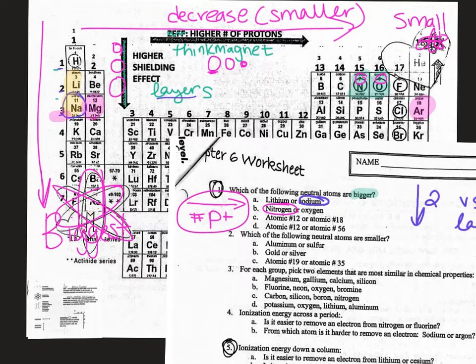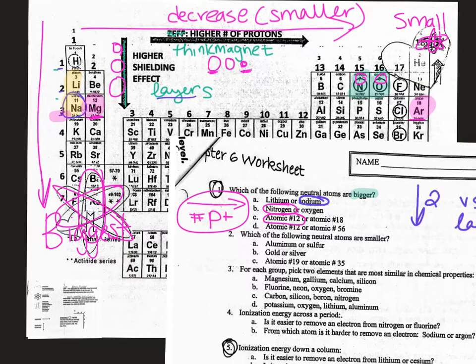So 12 versus 18. 18 is definitely going to have the bigger pull in, which means it'll be the smallest. So we're looking for the one that is further to the left or the one who has a smaller magnet, atomic number 12.